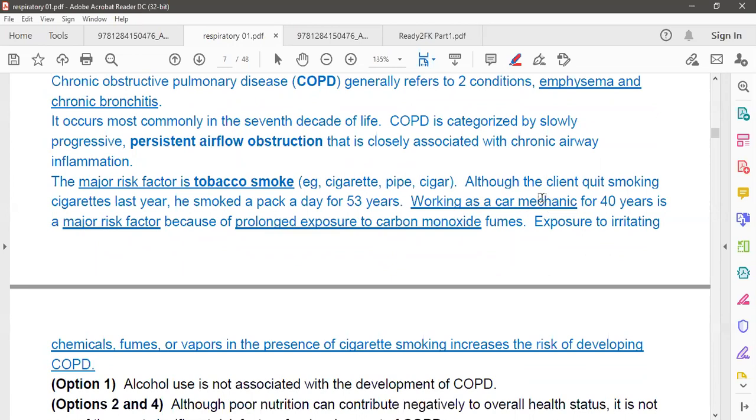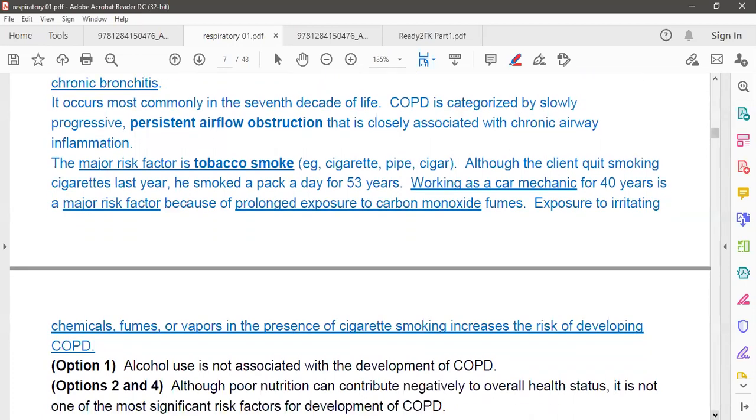We're talking about this patient in this scenario. 40 years is a major risk factor because prolonged exposure to carbon monoxide fumes causes chronic irritation of the airway. Exposure to irritating chemicals, fumes, vapor, and smoking increases the risk to develop COPD.